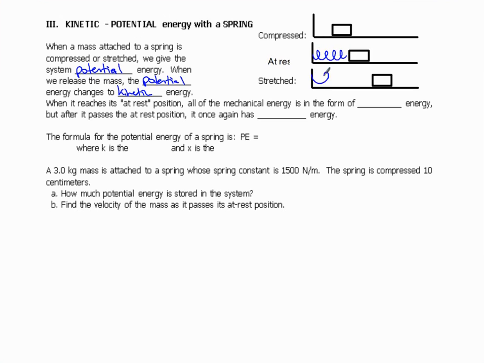And when I pull it out, something like that, and when I compress it, something like this. When I stretch it and let it go, it's changing its potential to kinetic energy. When it reaches the at-rest position, all of the mechanical energy is kinetic, just like with a pendulum. But after it passes this, it's going to keep going until it is back to potential energy.